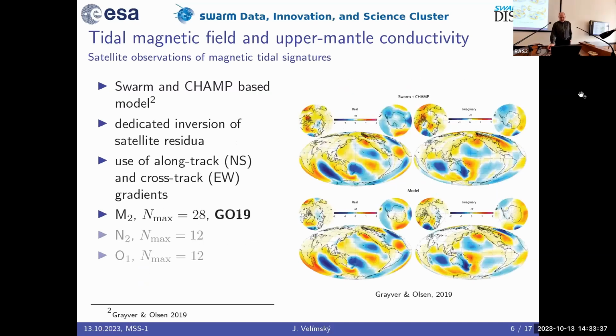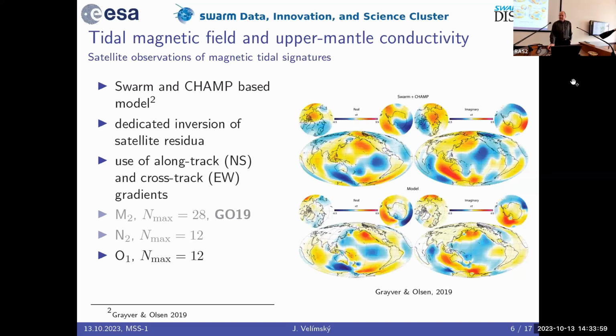A second approach, which is based more on a very strict selection of data, was presented by Alexander Greiver. And he is just trying to use dedicated inversion for the residuals after subtracting the main field and other field models, also using the gradients. And he was able to recover not only M2, but also N2 and O1 tidal signals.